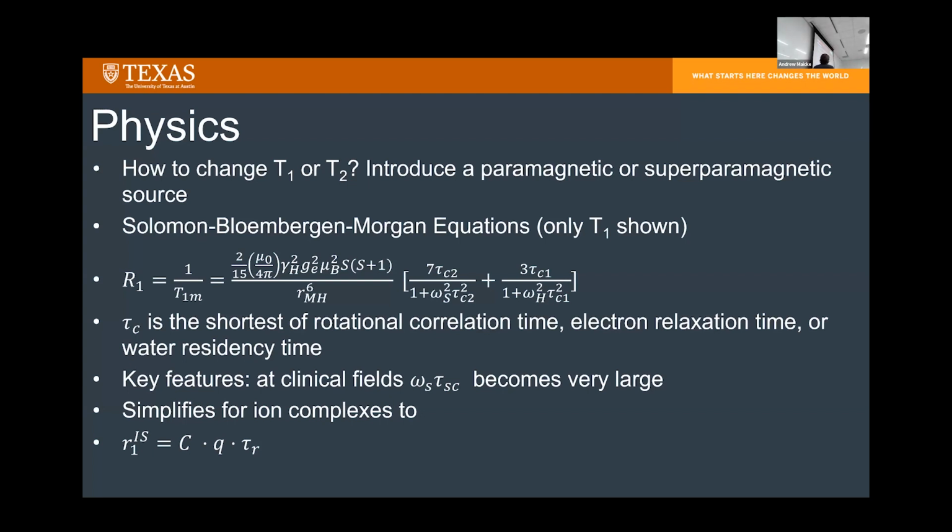In clinical fields, this term over here becomes essentially negligible because this omega squared is very large. For a paramagnetic ion source, which is the primary type of contrast agent used, this simplifies greatly down to a bunch of constants times the spin of whatever ion you have times its rotational correlation time. So more spin, stronger relaxation effect.